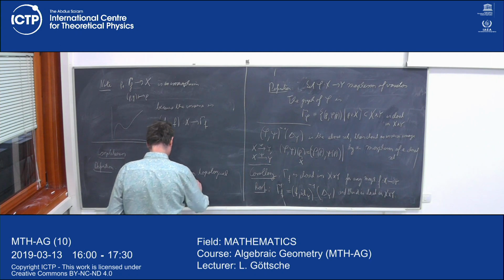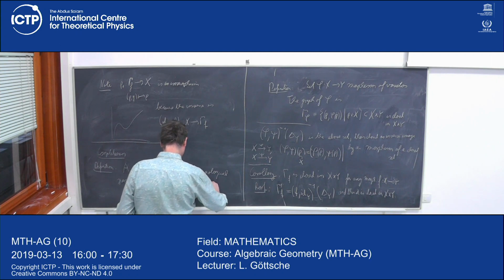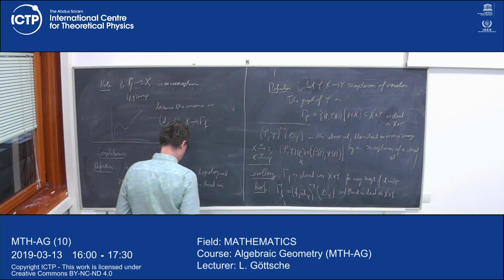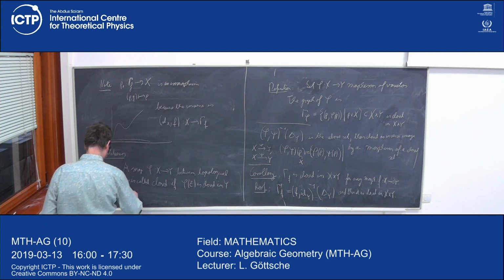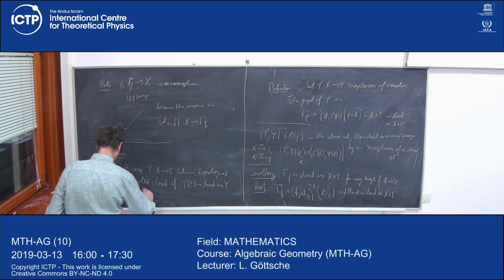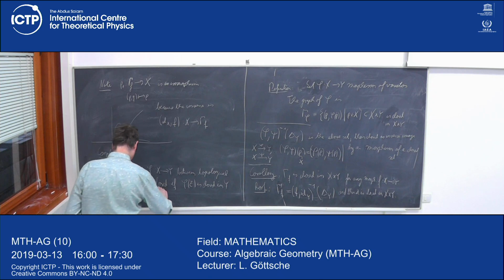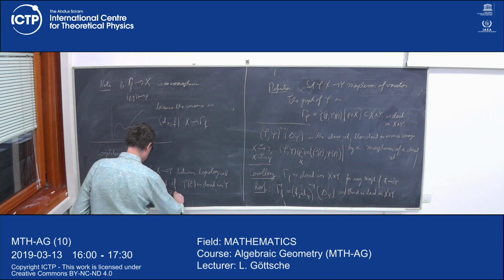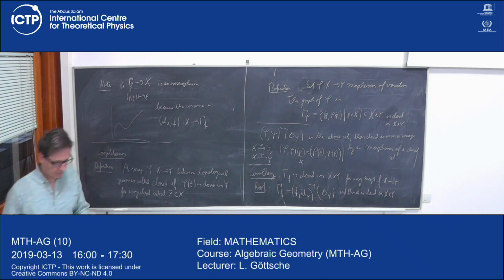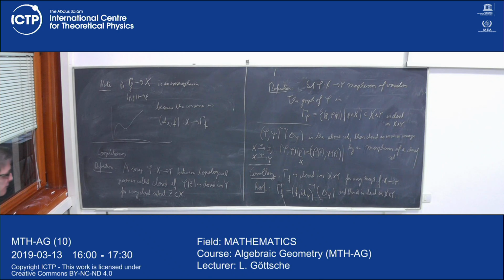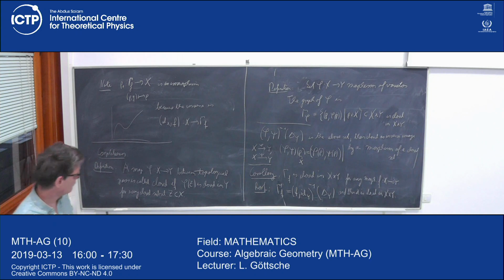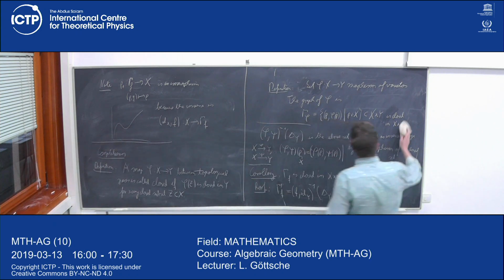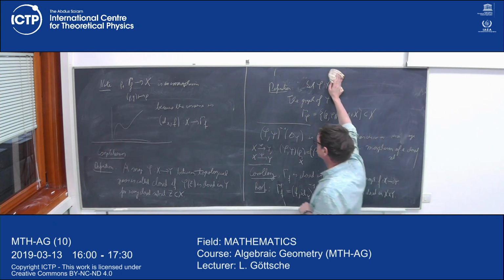That is, phi(Z) is closed in Y for every closed subset Z in X. So this is the nice property: the map is closed if the image of every closed subset is closed. In particular, obviously the image of X itself has to be closed.